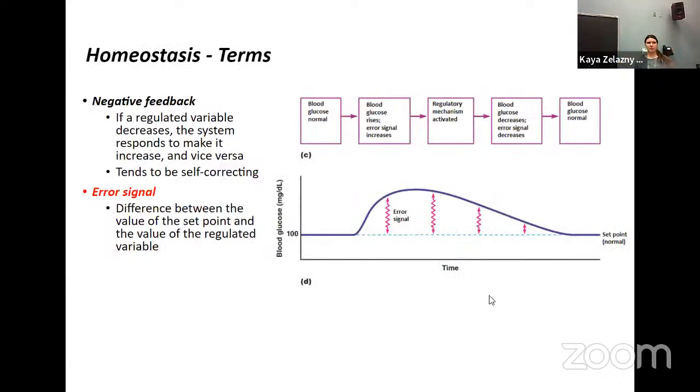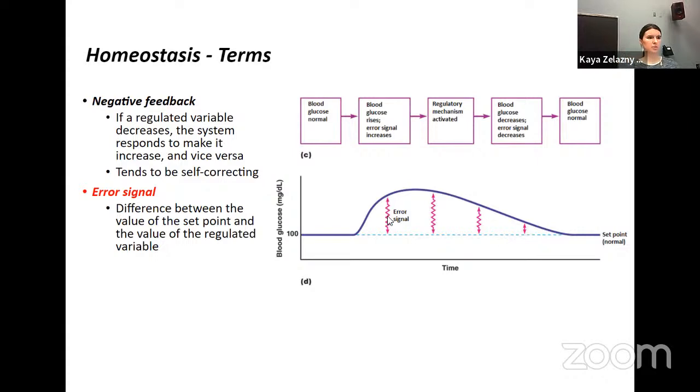So if a regulated variable changes, then in negative feedback, we're going to have the opposite change. So here, our example is if our variable decreases, then the system is going to respond to make it increase. Or in the diagram here, blood glucose rises, so we have an increase, and we ultimately then need a decrease to get back to that set point.